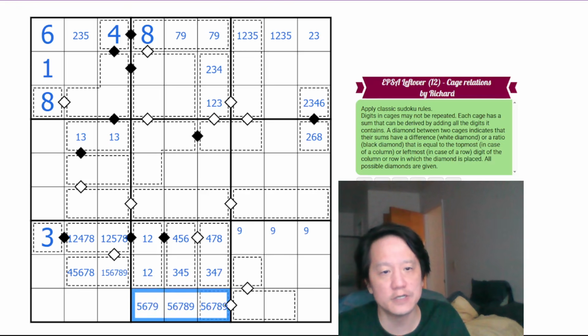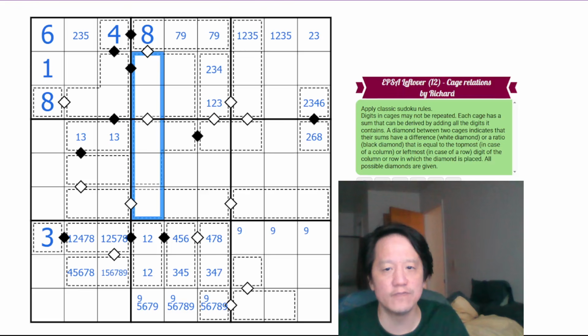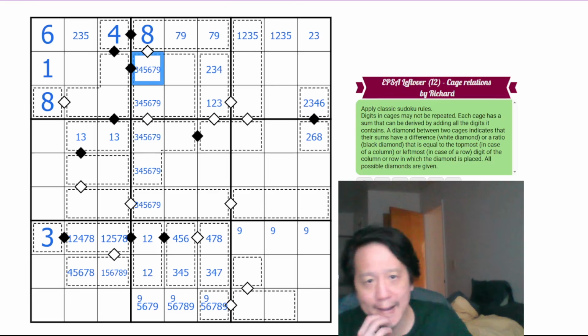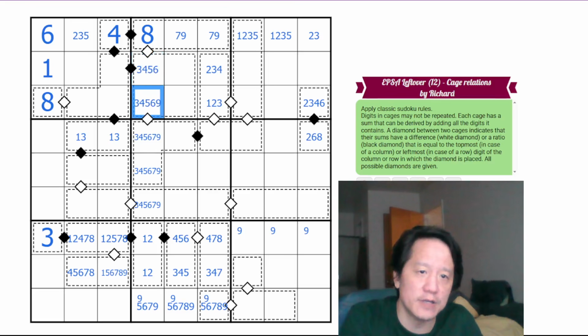We are guaranteed a 9 here. Remaining digits of column 4 are 3, 4, 5, 6, 7, 9. No 7 or 9 here, no 7 or 9 here because of the 8, 7, 9 triplet in the box.